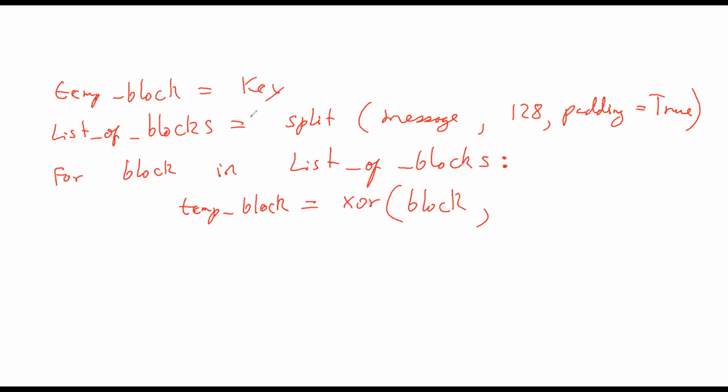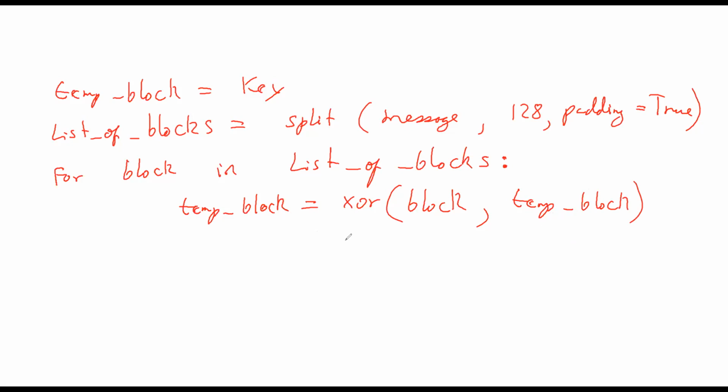So you can see, every iteration I take a new block. I have the key in the temp block, so that's in there the first iteration. Then I take the current block, the first block, XOR them, that gives me temp block. Next iteration, I have the result and the key in temp block, and then I take the next block and XOR it.